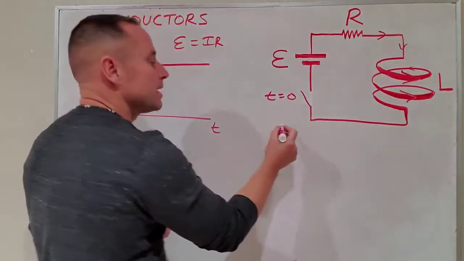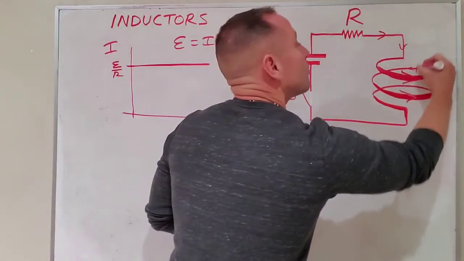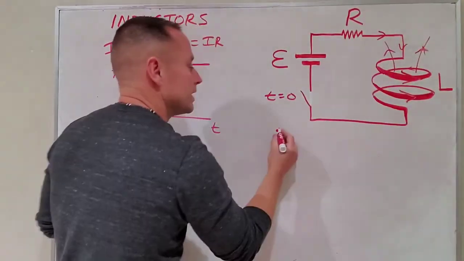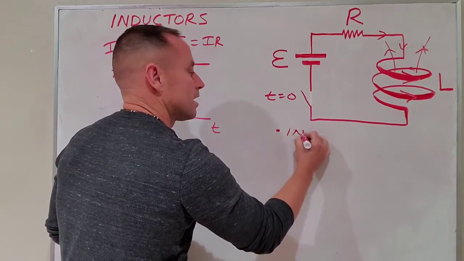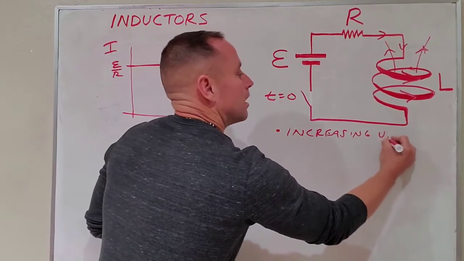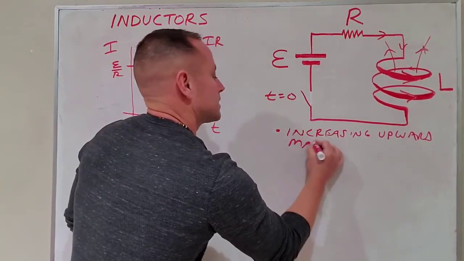So in the early going, you'd have upward flux that would be starting to build up, or increasing. So you'd have increasing upward magnetic flux.